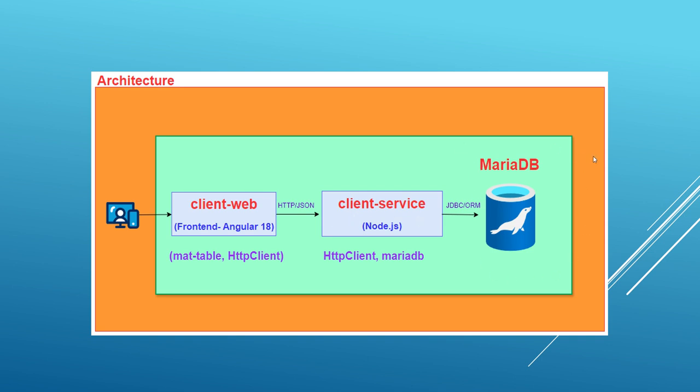And on the database side we are going to create our database and table on MariaDB using the HeidiSQL user interface, and we will create a table and database to store the client related data. So this is about the overall architecture part we are going to cover in this video.